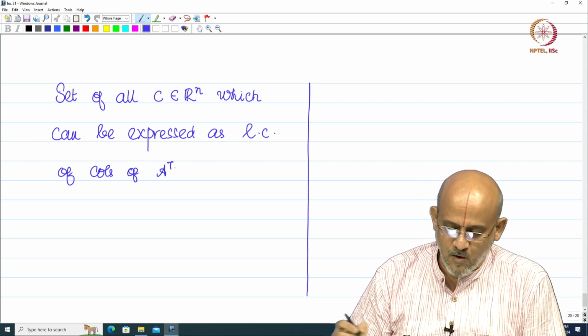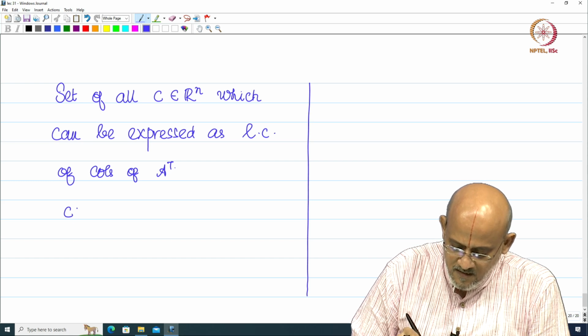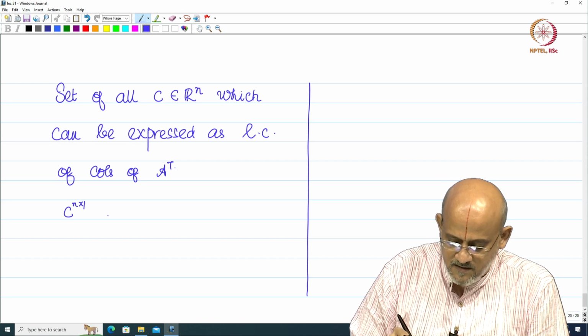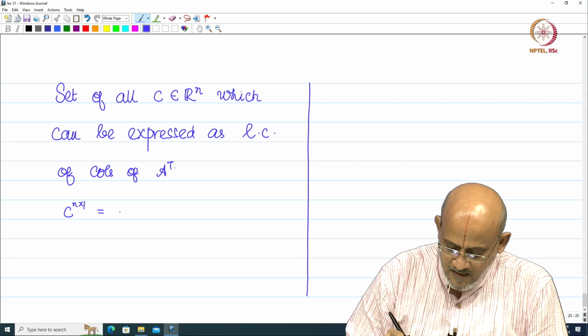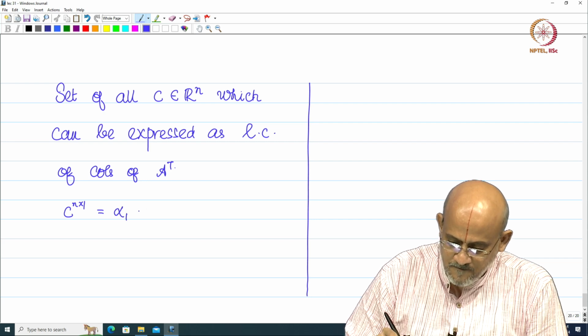So what are we going to say? We are going to say this C, which is basically an n component vector, we are going to look at this as, let us say, some alpha 1 A.